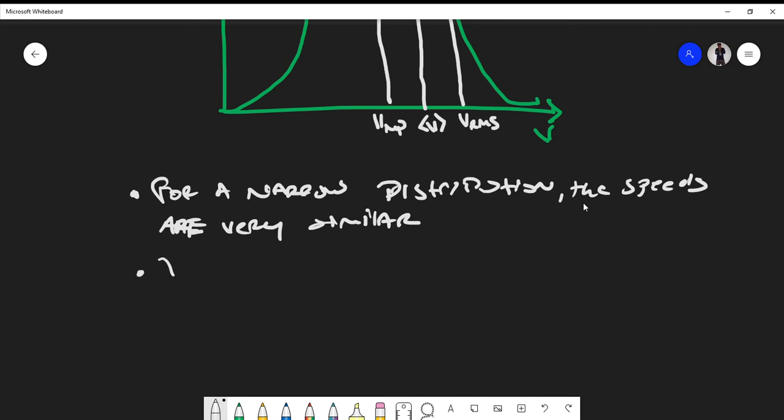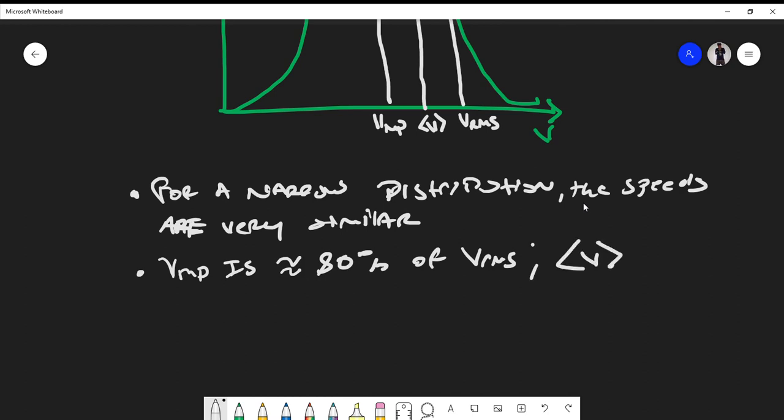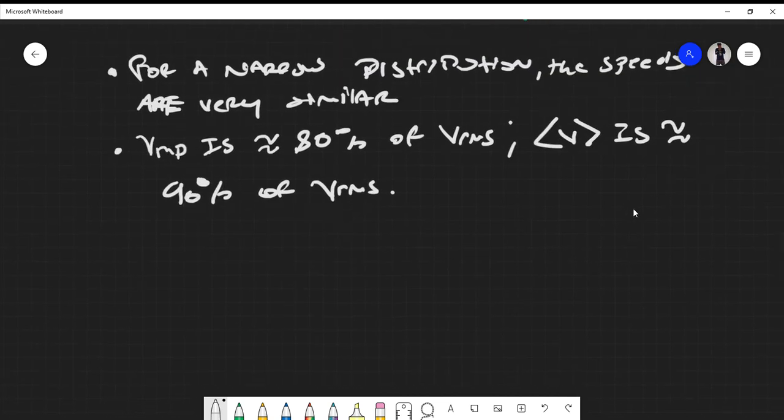Now, the most probable speed, Vmp, is approximately 80% of the root mean square speed, Vrms. And the average speed is approximately 90% of the root mean square speed, right? So those are some comments with respect to the graph.